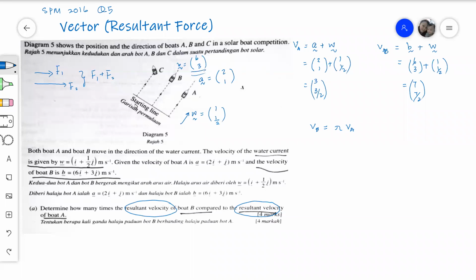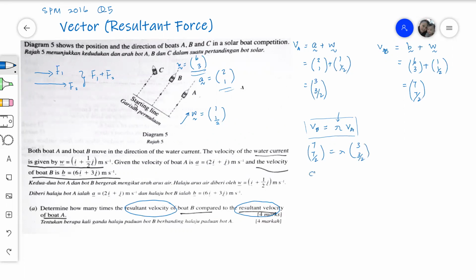By looking at the speed of the boats themselves, B is faster than A, but how many times faster? Since they move in the same direction, they must be parallel. If they are parallel, they will be connected by VB equals lambda VA. So we are using the concept of parallel. Therefore, let's put VB in, 7 over 2, equivalent to lambda 3 over 2.